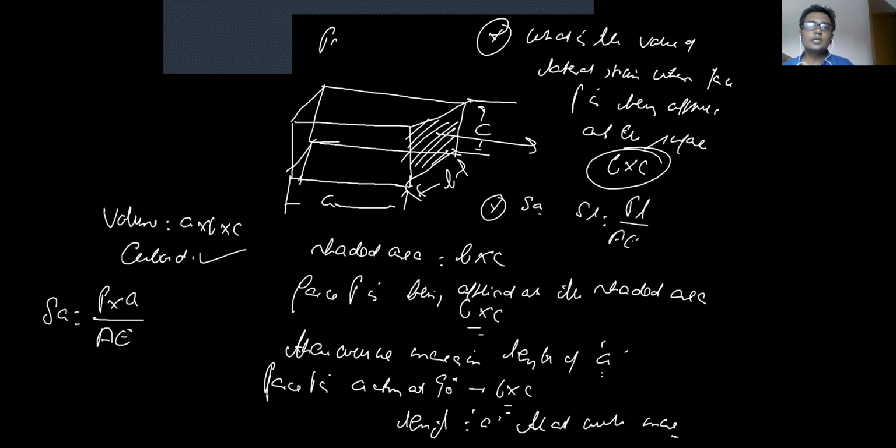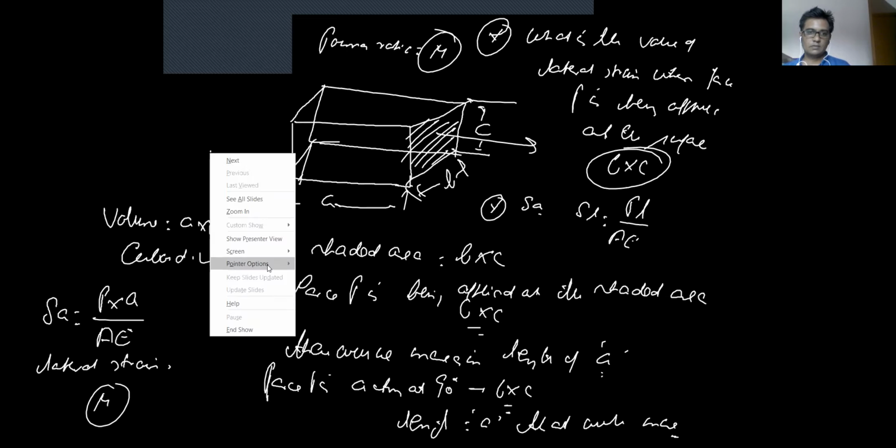Let the value of Poisson's ratio be mu. So in that case, we have to find out the value of the lateral strains, and to find it, what we have to do is apply Poisson's ratio, that is mu. Okay, how? Suppose, so this was our block.